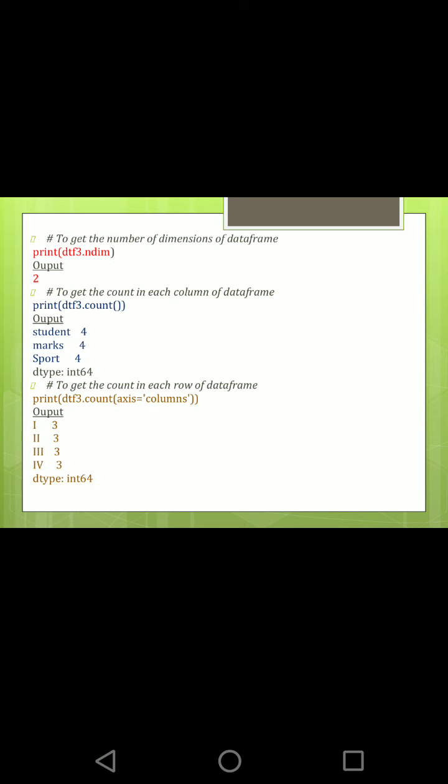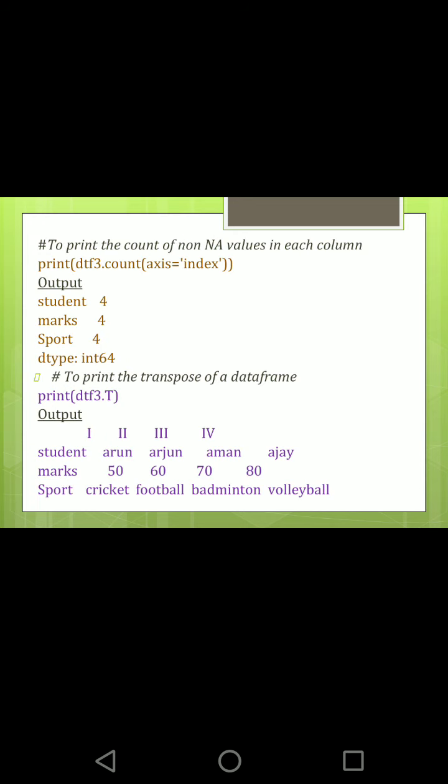You can see in the first print statement, there is nothing given inside the count function, so it automatically shows you the count of each column. But here, if you give axis equal to columns, you will get the count of each row in the data frame. And if you give axis equal to index, it will give you the non-null values in each column.